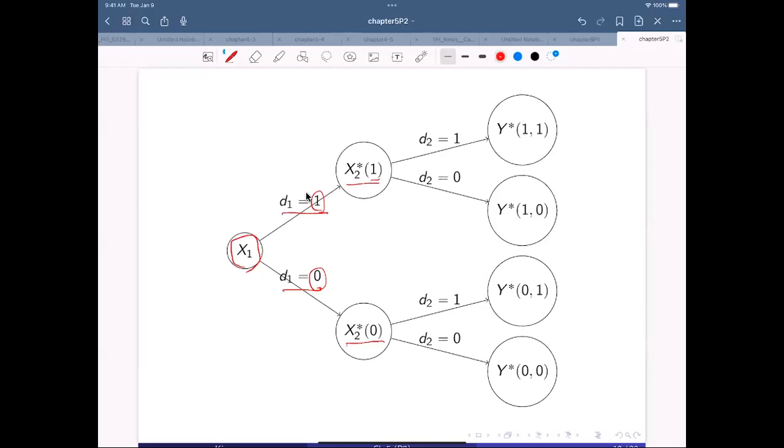So that will branch out, and then in this case you end up having four potential outcomes of y, because you have a binary choice for k equal 1 and a binary choice for k equal 2, so you have four possibilities.